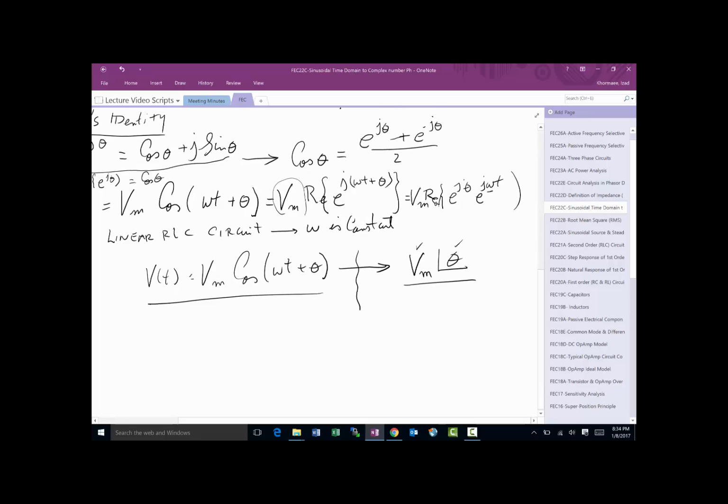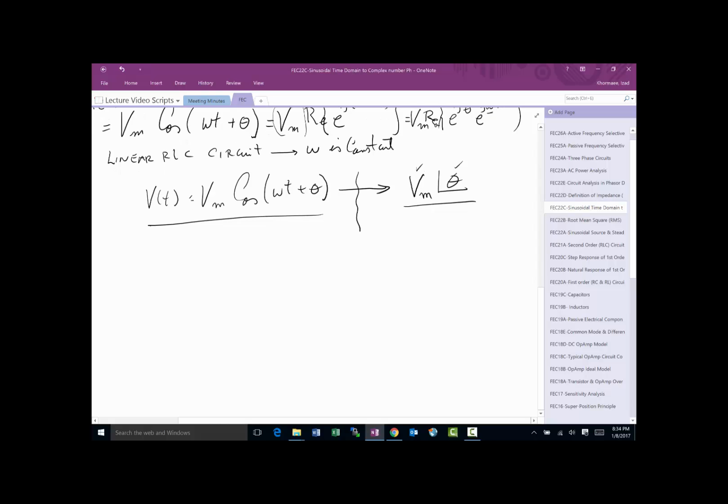Now, when we are in the Phasor domain, this represents a complex number. As I mentioned above, the Phasor diagram is a complex number space where this side is the real axis, this is the imaginary axis, and theta is the angle.